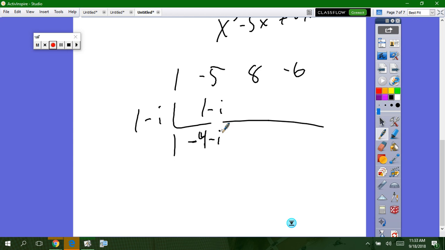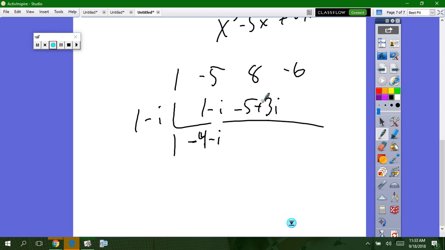With me on that. 1 times negative i is negative i. Plus 4i, so I have a 3i. I had a negative 4 at the beginning. Negative i times negative i is a positive i squared, which is negative 1. So I have negative 4 minus 1, which is negative 5.